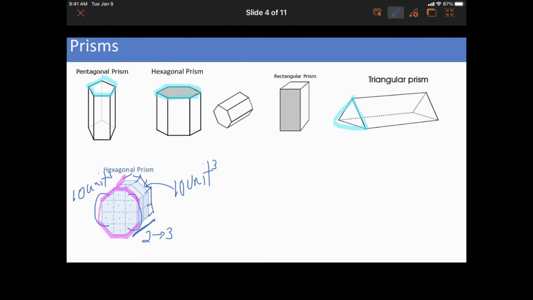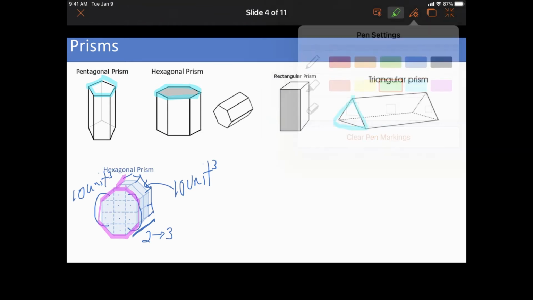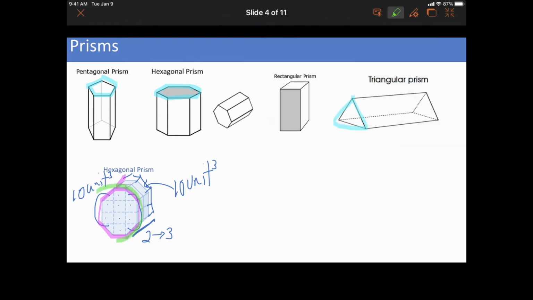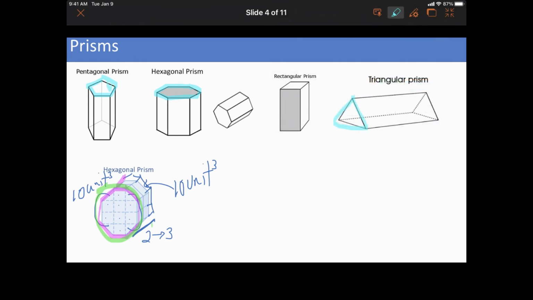So it's the area of this hexagon, right, times the height. And that's what happened. So would that work? If I found the area of this base and multiplied it by the height, would it get me the volume?